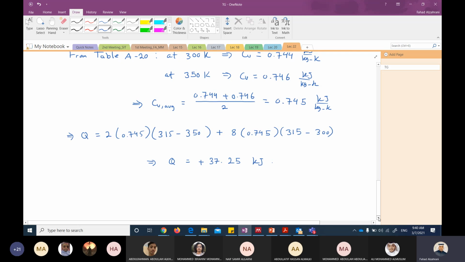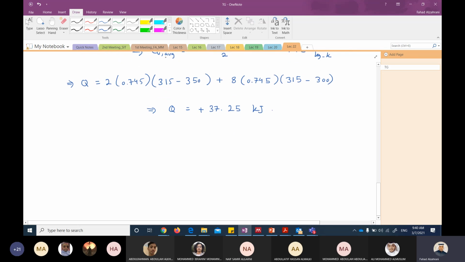Okay, now if I tell you to evaluate the heat transfer with variable CV, find heat transfer for variable specific heat, what would I do? Integrate CV dT.